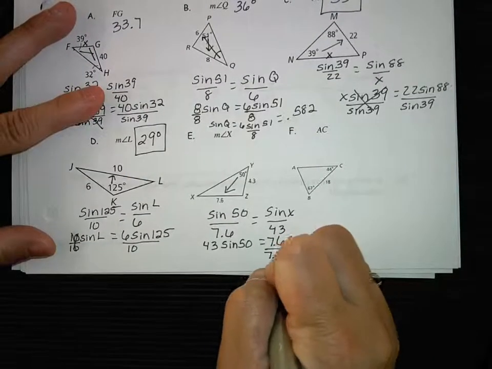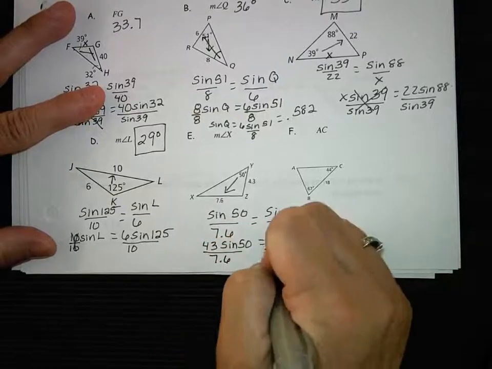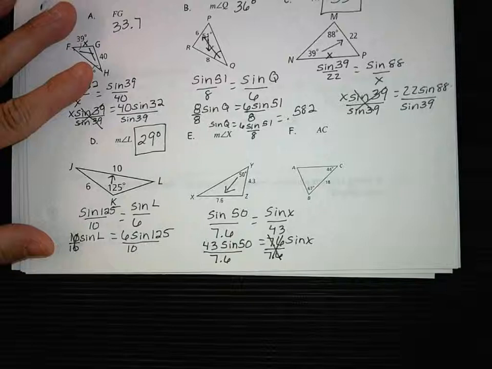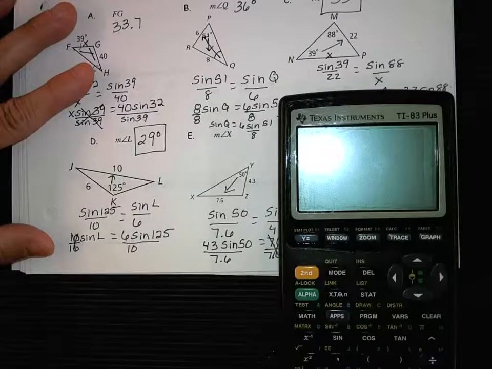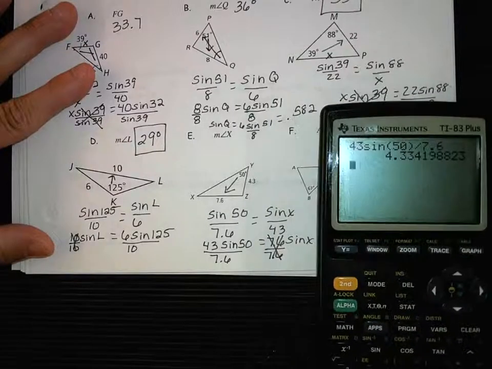Solving, you're going to divide both sides by 7.6 and entering that in the calculator, 43 sine of 50 divided by 7.6 equals 4.344.